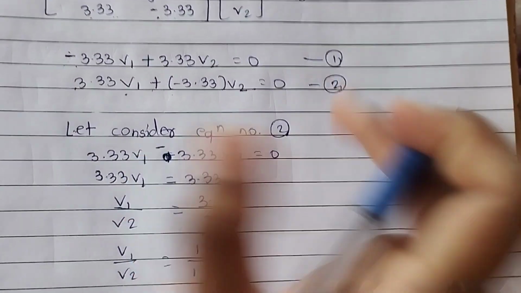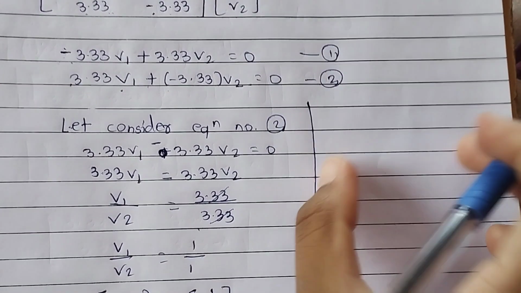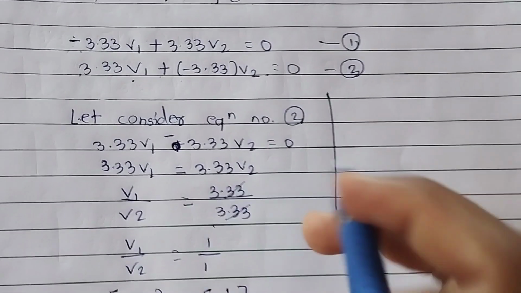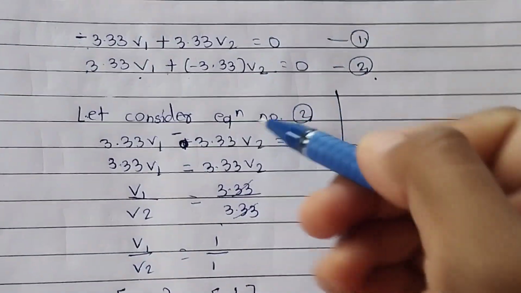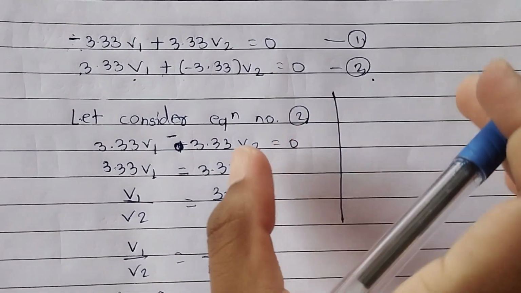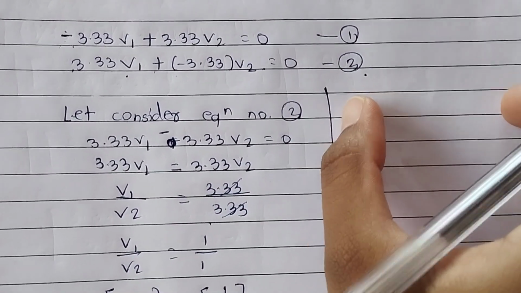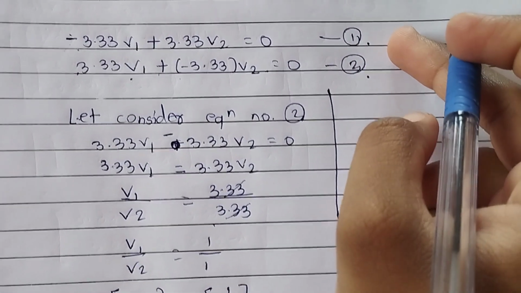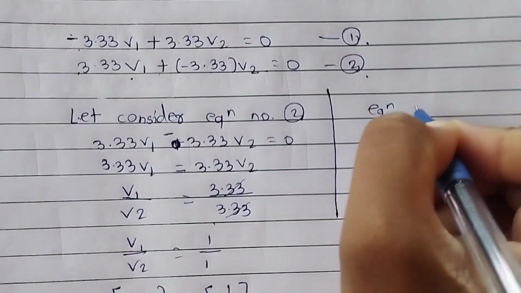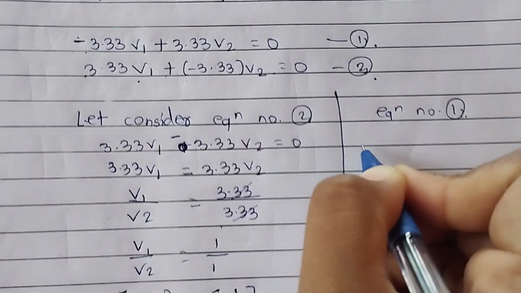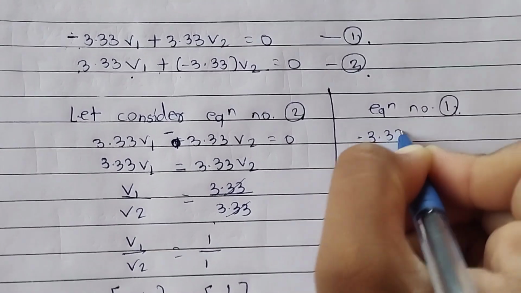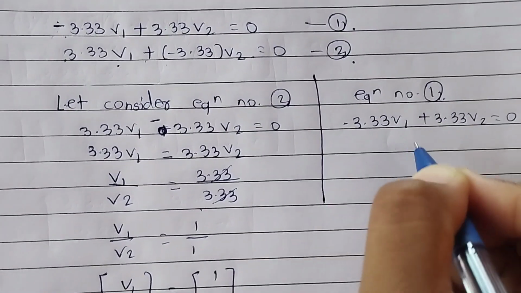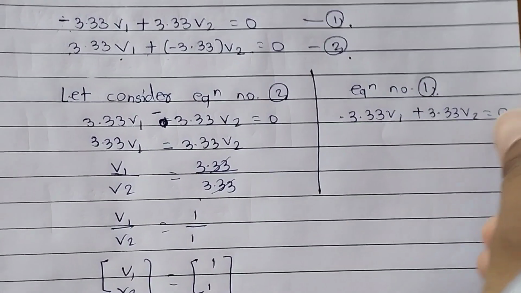Same if you consider equation number 2, I solved here, but there's no need to perform this step two times. Only consider any one equation and start to solve further. But for your understanding, I show you with the help of equation number 1 also. So let's suppose someone starts with equation number 1. 3.33 V1 plus minus 3.33 V2 is equal to 0. Then this minus term we transfer to the right side.